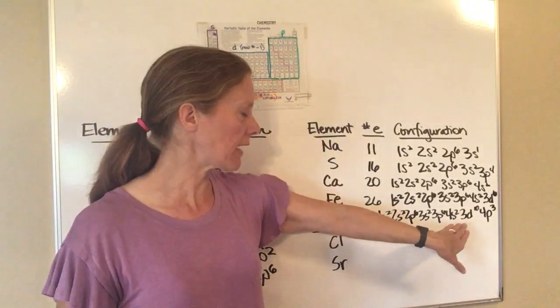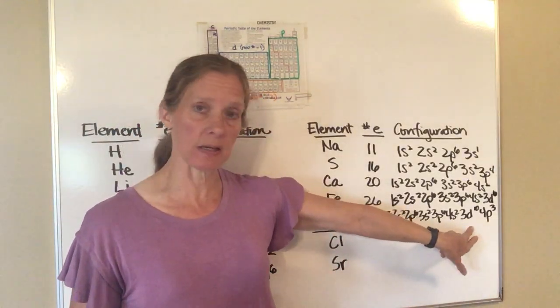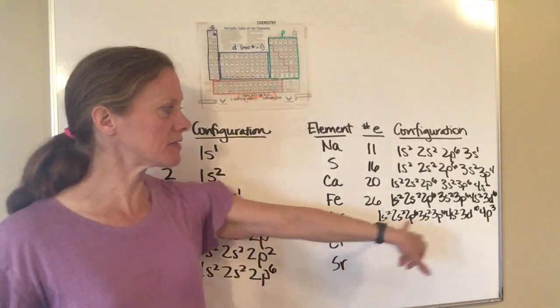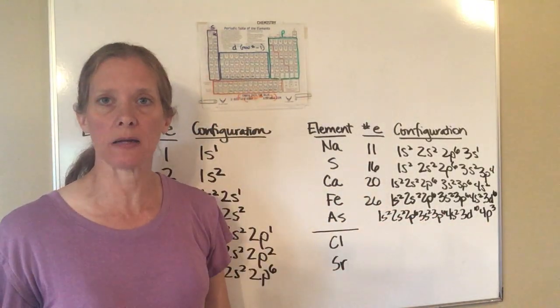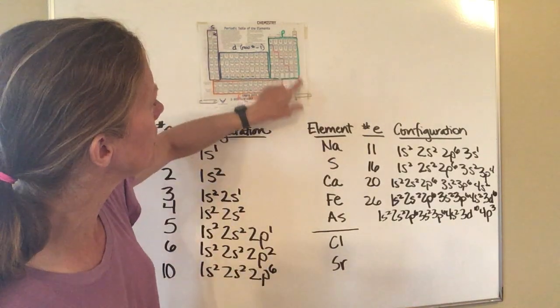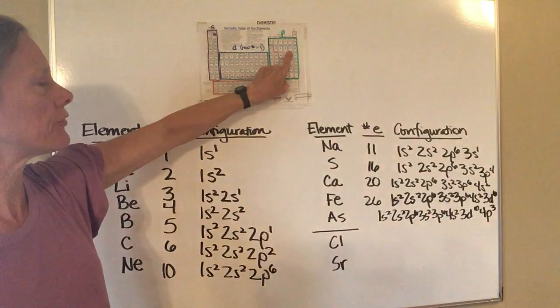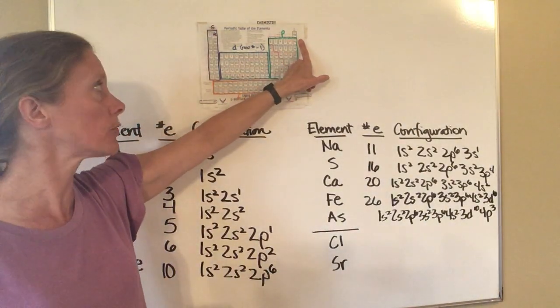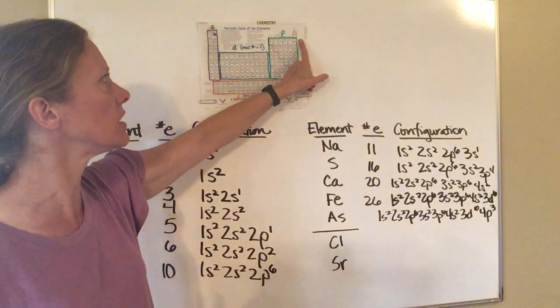So like I said, you're going to have the s orbital, then the 3d, then you're going to go back up to the 4p. Now, these get really, really long to write. So what we've done is there's a shortcut. Chlorine, right here, if I take the last element in the row above it, which is called the noble gas, and we're going to talk more about that in the next video lesson.